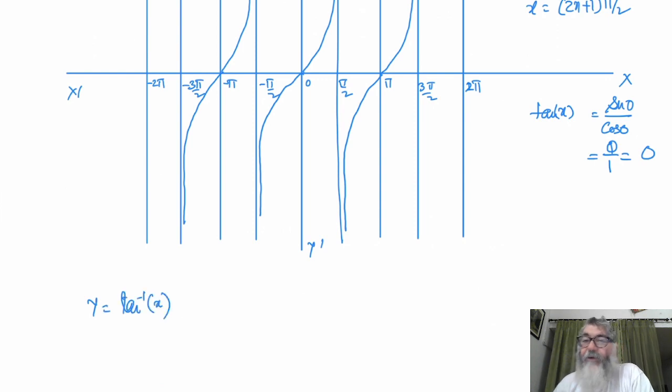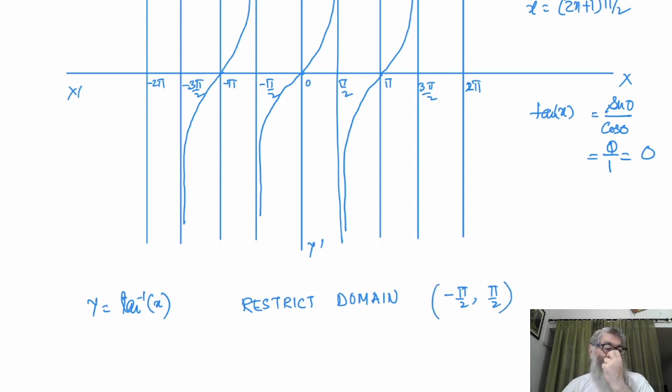We are going to restrict the domain between minus pi by 2 to pi by 2. We are going to restrict the domain here.